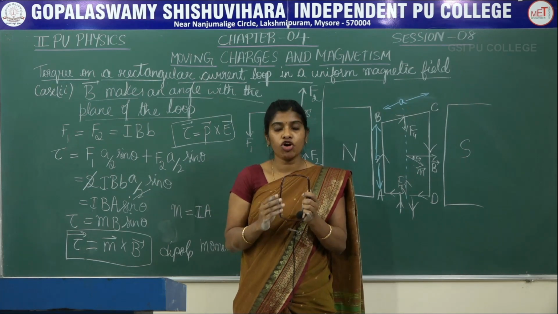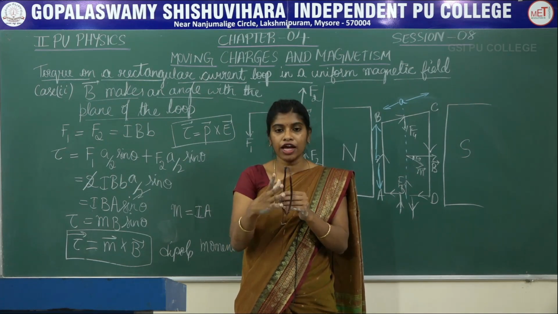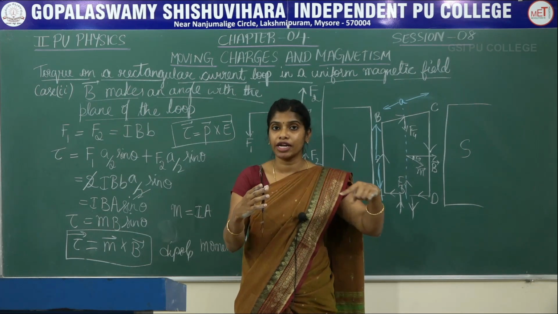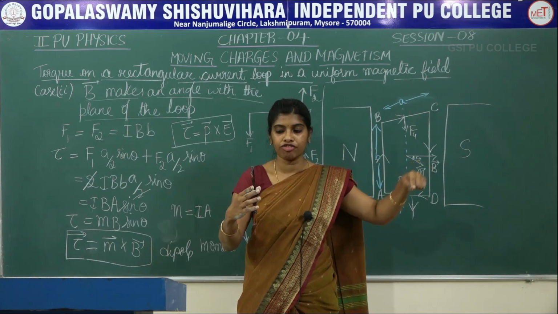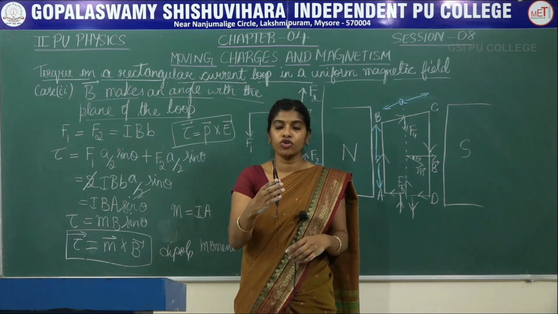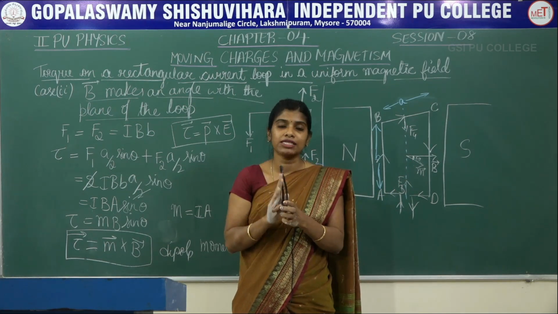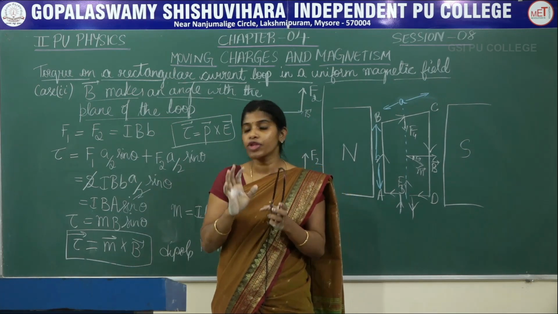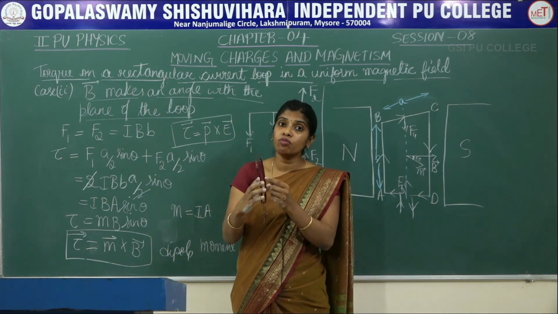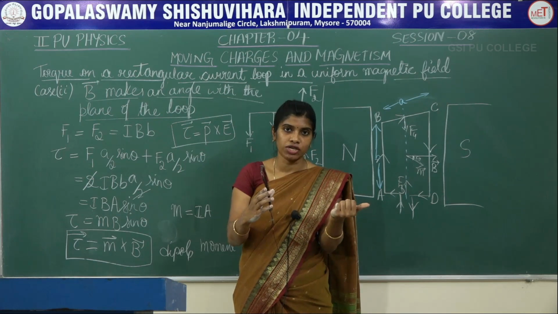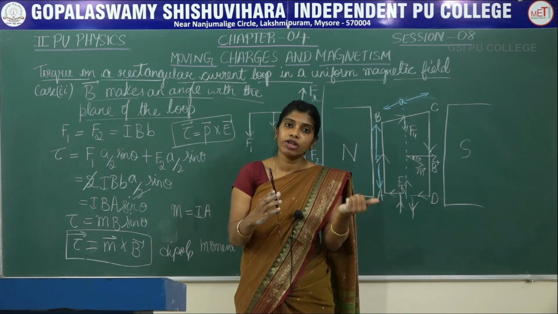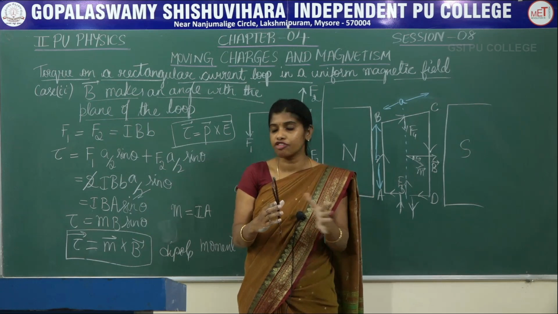Now if you are going to place this rectangular loop perpendicular to the magnetic field, so this is the direction of the magnetic field and you are placing this rectangular loop perpendicular to it, then the torque experienced by this rectangular loop will be 0, because the dipole moment will be in this direction. That is, the dipole moment will be along the direction of the magnetic field.